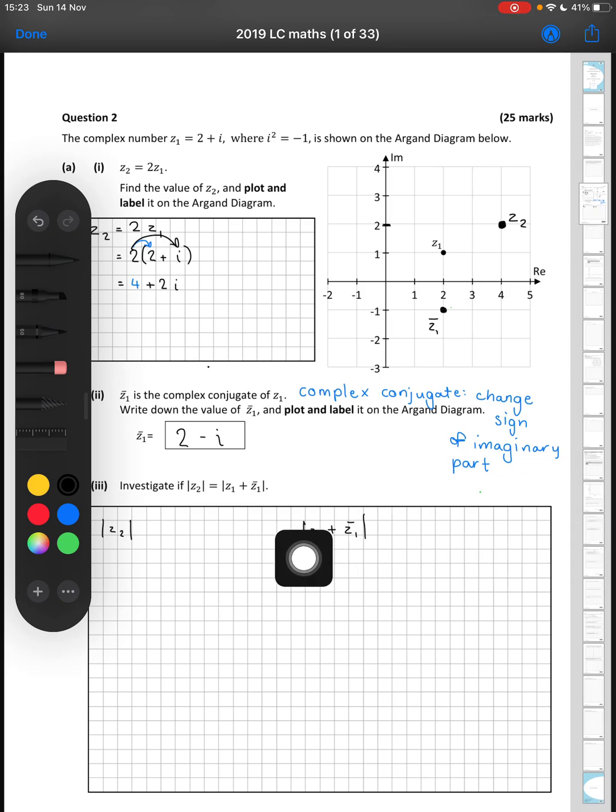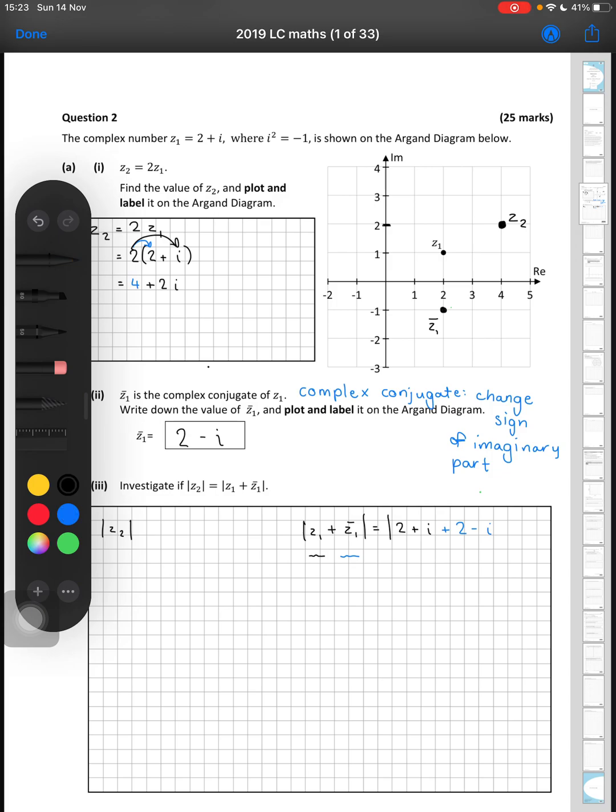So this here is the modulus of, and I'm going to fill in Z1, which was 2 plus i, and then the complex conjugate of Z1, which is 2 minus i. So plus 2 minus i.